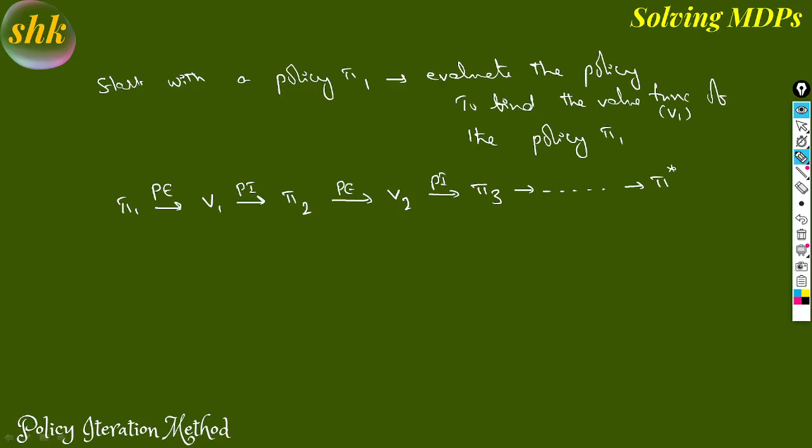When the optimal policy is obtained, the value function is also the optimal value function. This value function is unique for a particular policy pi.